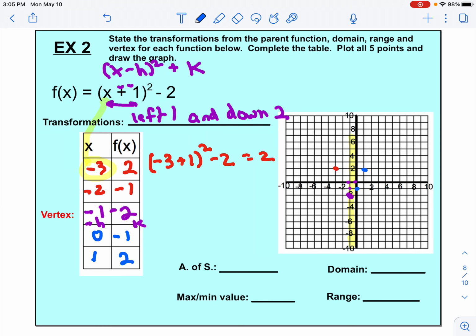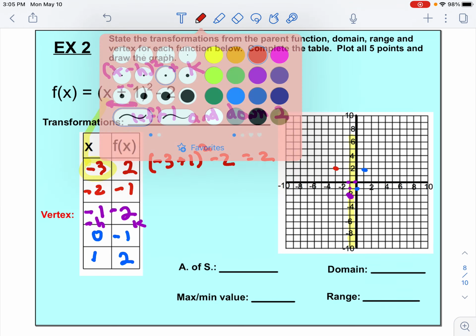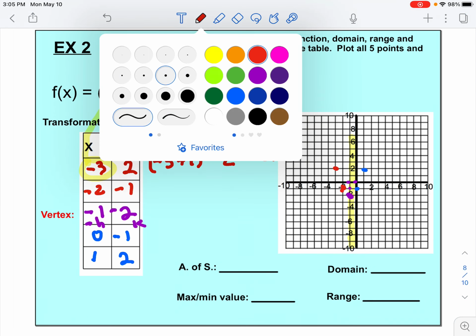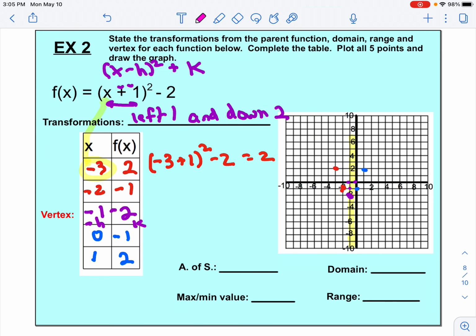Got that one. And 1, 2, oh sorry, it was a red one. And that is -2, -1. There we go. All right. So notice how the red and blue points are the exact same distance away from that axis of symmetry. And that's how we know we've done it correctly.